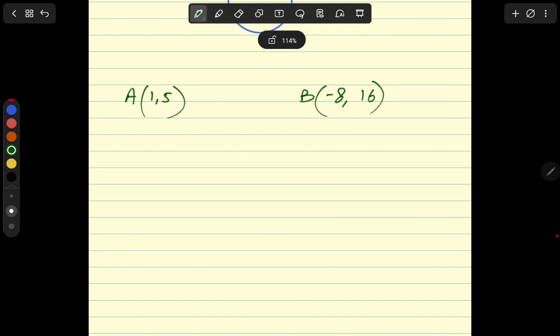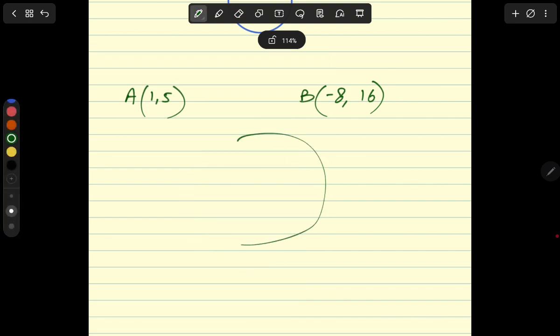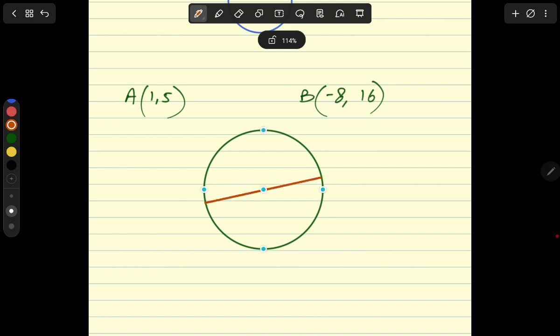Because if A and B are the endpoints of a diameter, first of all, you should be able to visualize it, because half the math is solved when you understand what is happening. Now, if they are the endpoints of a diameter, A and B hypothetically should be here.